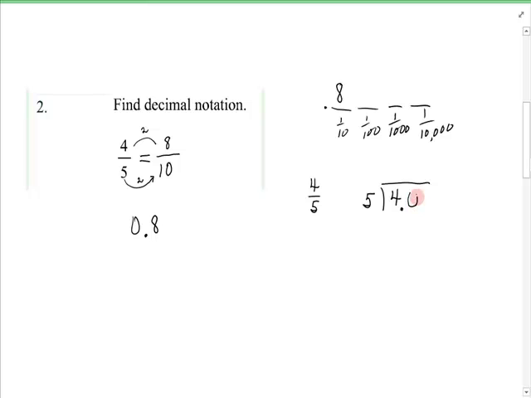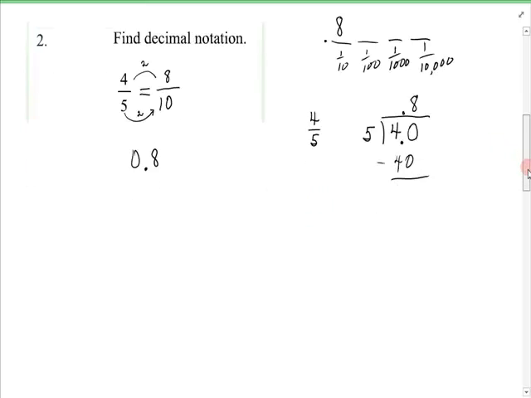We know that we can add all the zeros that we want. So let's put our decimal point up. 5 doesn't go into that 4, but it goes into 40 8 times, and 8 times 5 is 40, and we got exactly the same answer. So if you happen to see that it can be changed into one of these, you can get the decimal place, or you can take the top divided by the bottom.